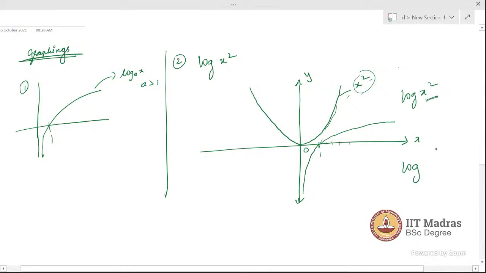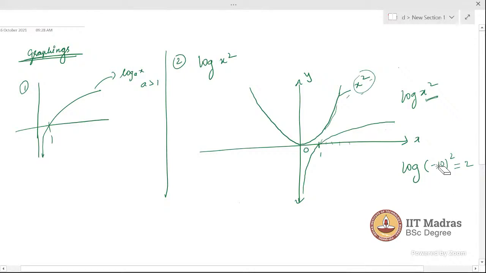Now what about the minus x part? When I give log of minus 10 the whole square, this will give me 2. Why? Because I can write it as log 100, and 100 can be written as 10 square, so log 10 square is nothing but 2.